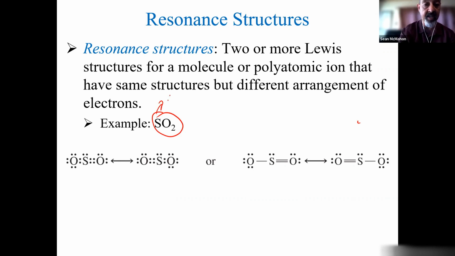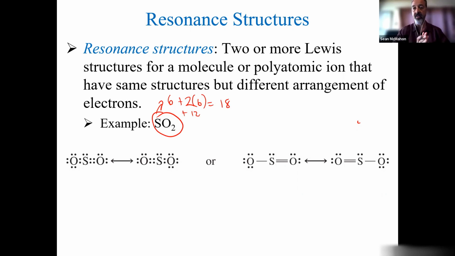It's group 6A, so I have 6 valence electrons. There are 2 oxygens. Each of those, group 6A, has 6 valence electrons. So I have a total of 6 plus 12 equals 18 valence electrons. That's my total for SO2.